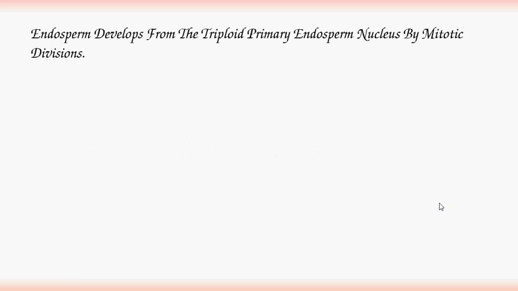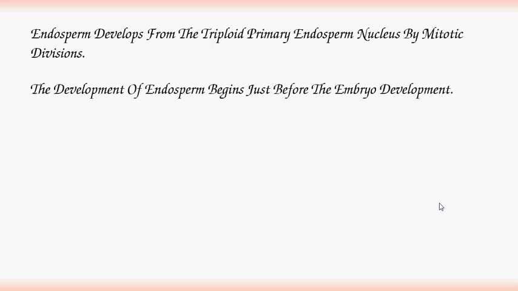Development of endosperm. Endosperm develops from the triploid primary endosperm nucleus by mitotic divisions. The development of endosperm begins just before the embryo development.